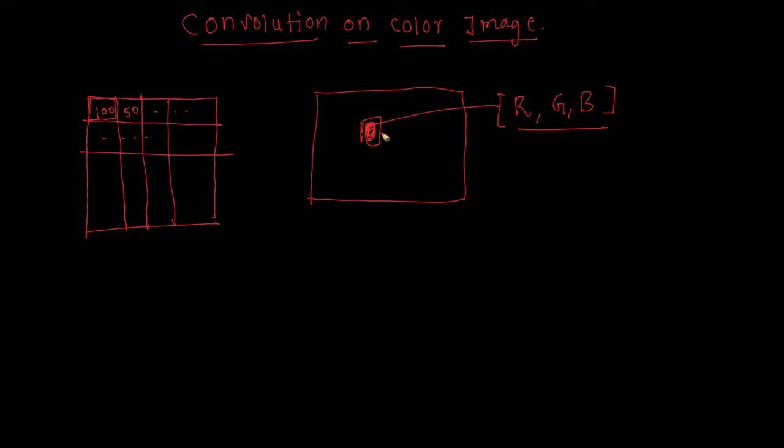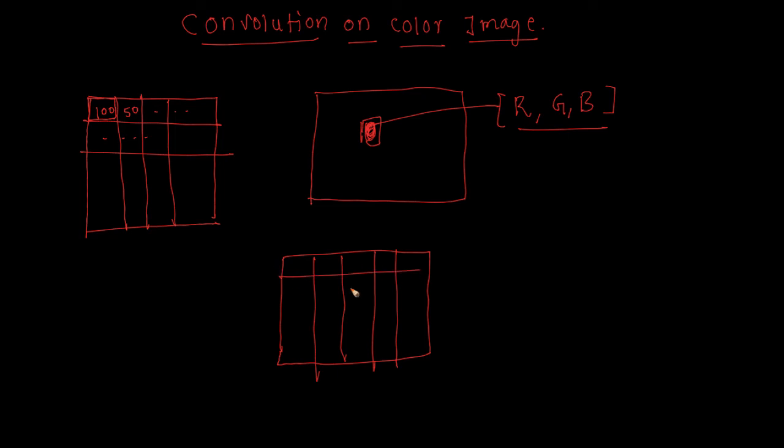So, for representing red values of all the pixels, I will use a matrix like this. This matrix will represent all the red values or red component of all the pixels in this image. This is red, right?